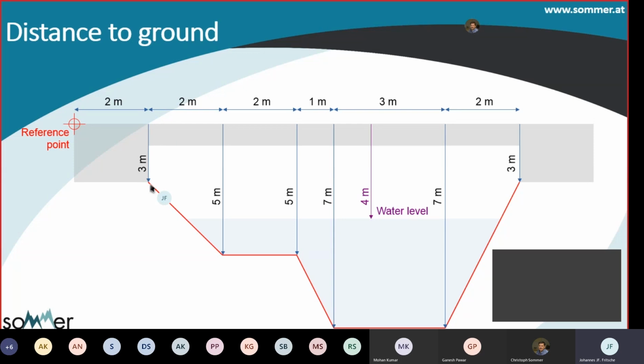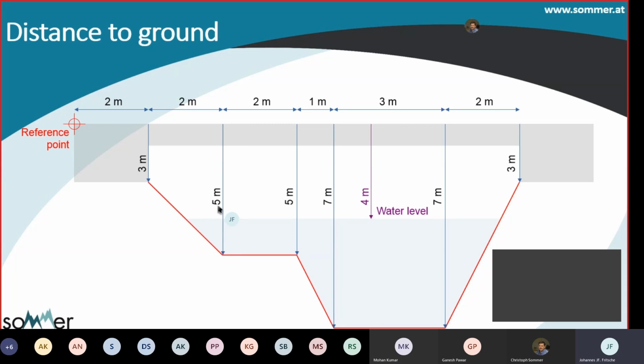So in our case, we select a reference point on the bridge. The bridge or the road surface on the bridge would be our vertical reference. And we say, for example, the first point is 2 meters in the horizontal direction and 3 meters in the vertical direction downwards. The next point would be 4 meters from the edge and 5 meters downwards. And here, please observe, we have positive values measuring downwards.